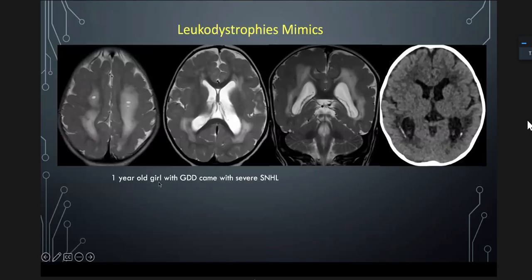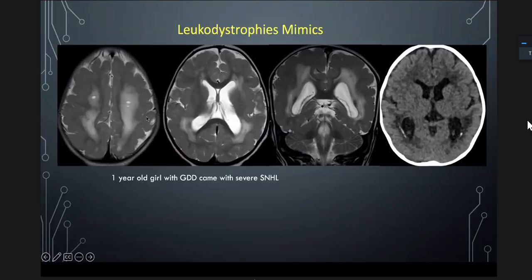Again, a 1-year-old girl who comes with GDD and severe sensorineural hearing loss. So again, we see abnormal confluent white matter. There is paucity of white matter, ex vacuo dilatation of the lateral ventricles. However, if you notice the cortex, there is microcephaly definitely, and the cortex is diffusely thickened here.